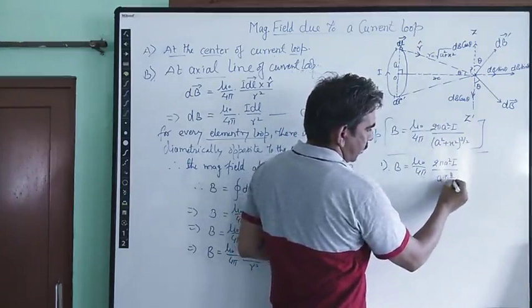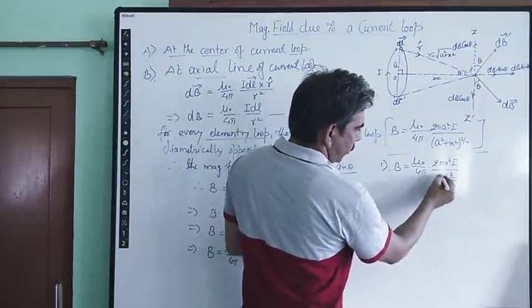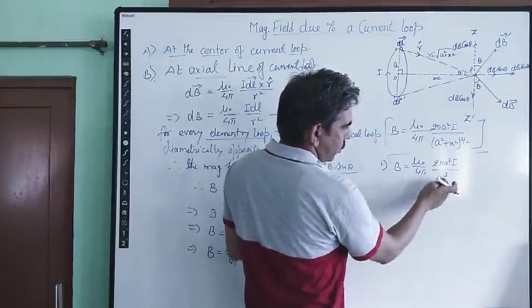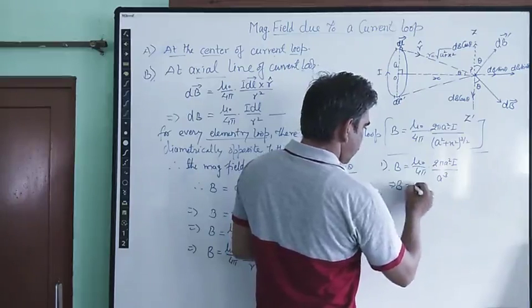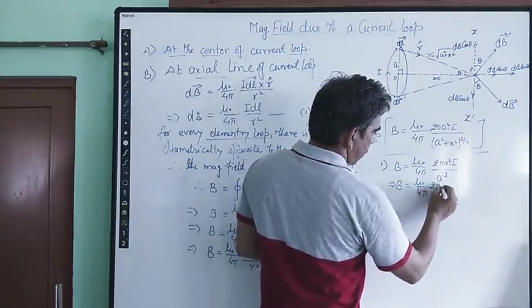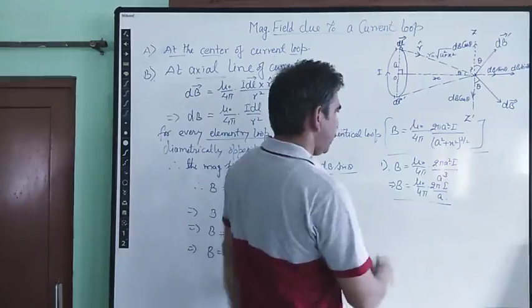So it becomes a cube here and a square in the numerator, so it cancels out. We get the magnetic field to be mu naught upon 4 pi into 2 pi I upon a, which is the same as we found earlier.